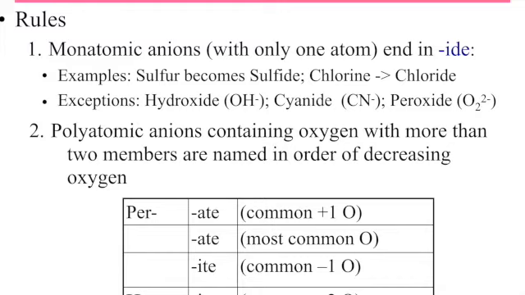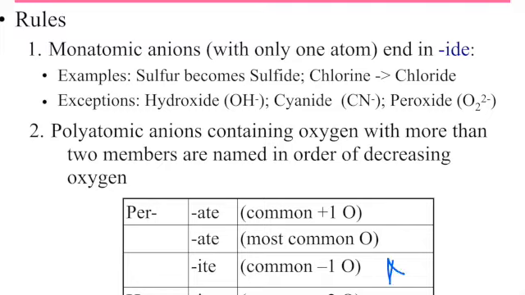You can do one of two things: you can learn this naming scheme, or you can learn each and every single polyatomic ion by itself. I don't care which way you go about learning that, but here is the reason why we name these compounds the way that we do.